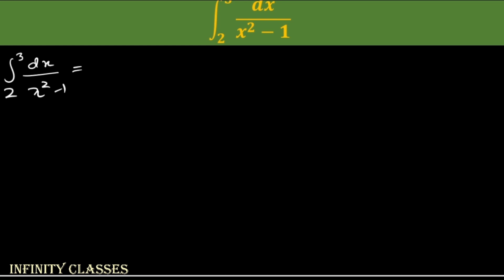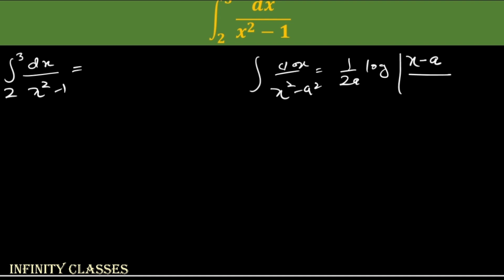As we know this is the standard formula we can use. So this one is integration of 1 over x square minus a square, which is 1 upon 2a log of x minus a over x plus a.